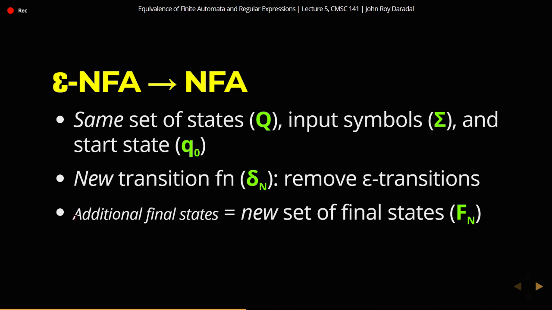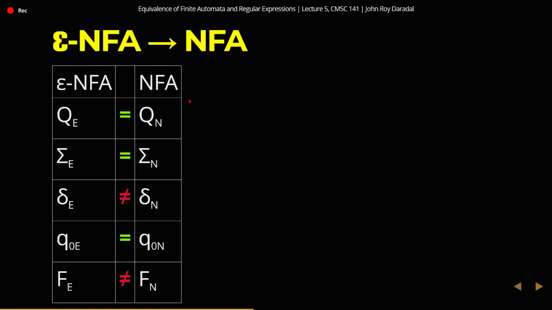Okay, so there could be additional final states because we are removing epsilon transitions. So some states that were reachable before using epsilon transitions might not be reachable anymore in the NFA. So we need to also model that in the equivalence. So we'll also have a new set of final states. So to recap, only the set of states, input symbols, and start state would be the same. The transition function and final set of states are different. Okay?